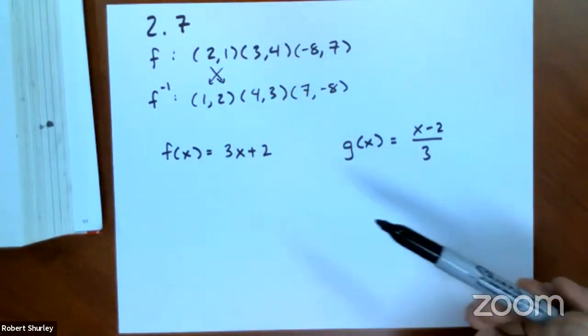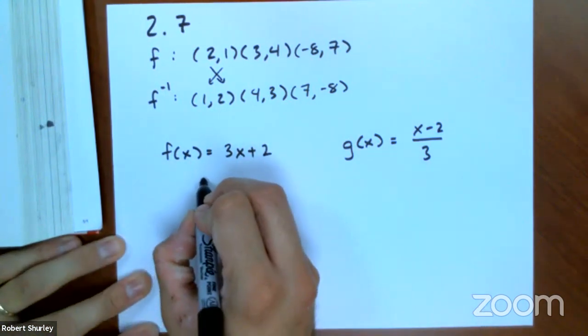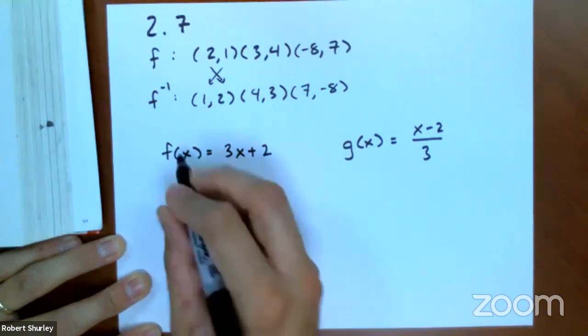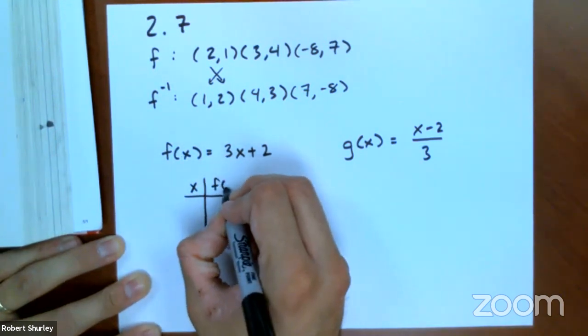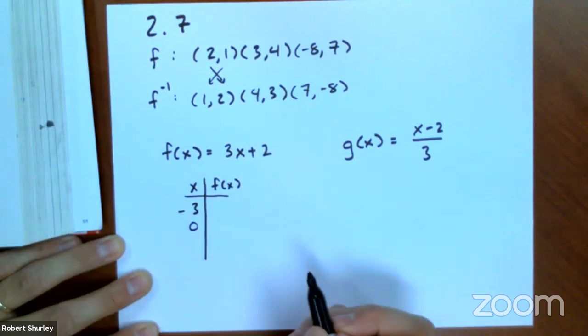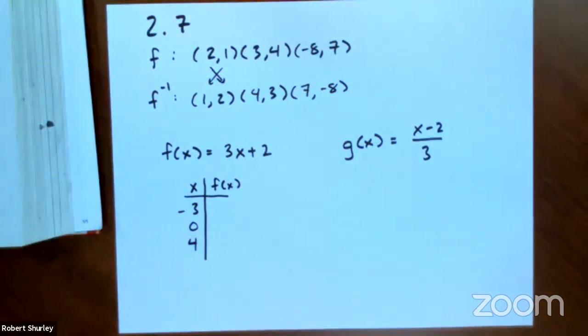So I'm just going to choose a few values for x in the f function. Let's just choose some basic numbers. Let's say this is x, and then this will be the output f of x. So if we chose -3, 0, and let's say 4. I'm just choosing those out of thin air, okay? -3, 0, and 4.